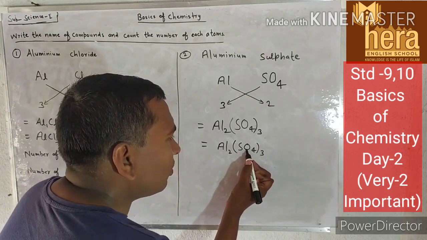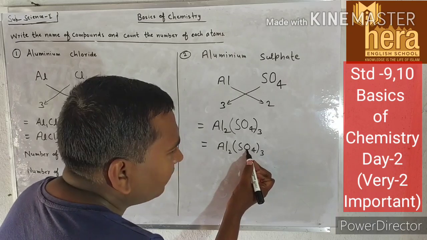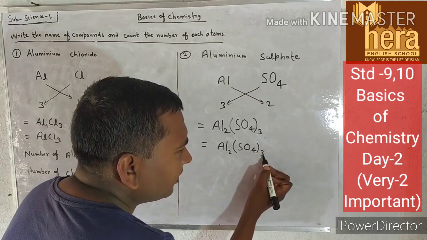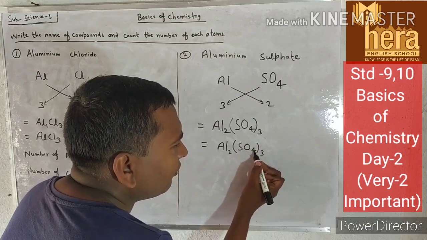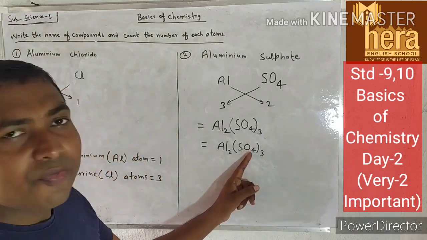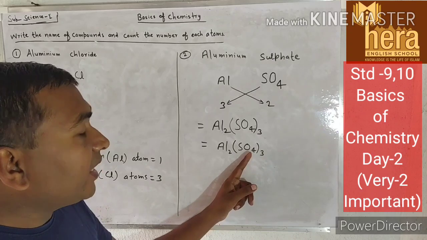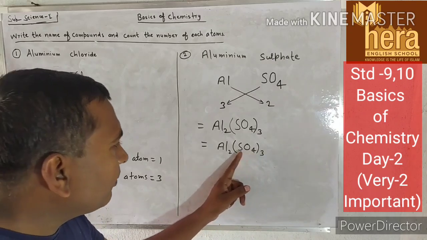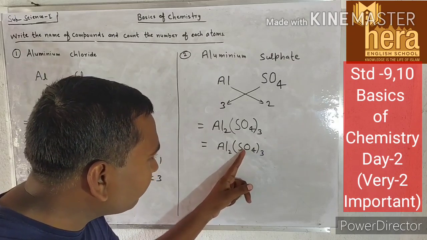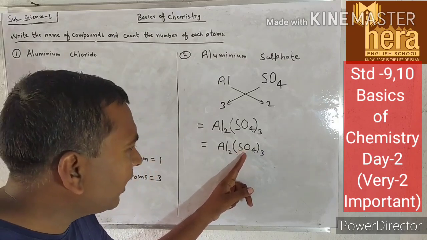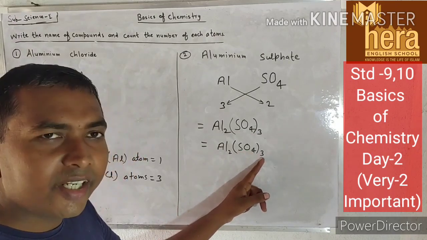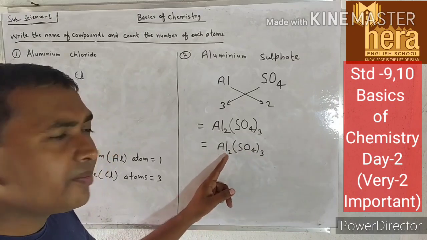Here oxygen O, capital O, O4, this is bracket, and this is 3. So oxygen will be equal to 4 into 3, that is 12. Number of oxygen atoms is equal to 12. Number of sulfur atoms is 1 into 3, it means 3. Aluminium atoms is equal to 2.